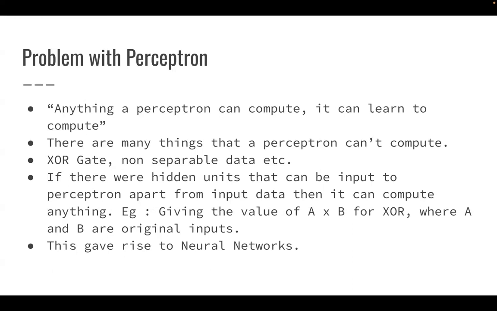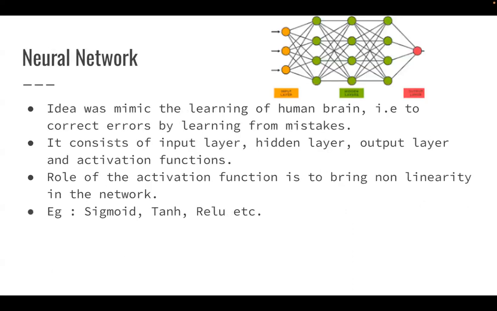So let's see what neural networks are. Right. So neural networks were modeled on the basis of our own brain. So it basically learns by making mistakes and correcting them, just like human beings. We have several kinds of layers in neural networks, like input layer, hidden layer, and output layer.